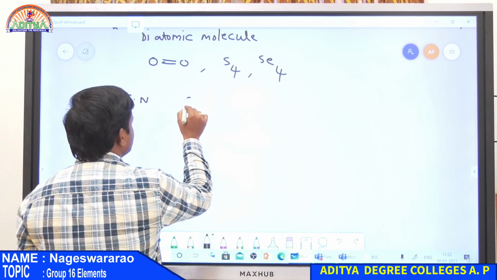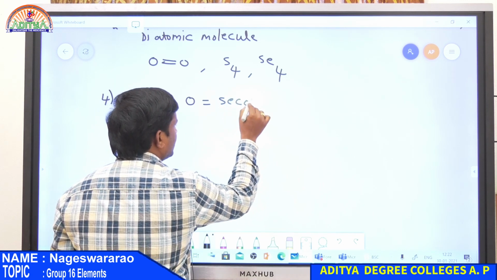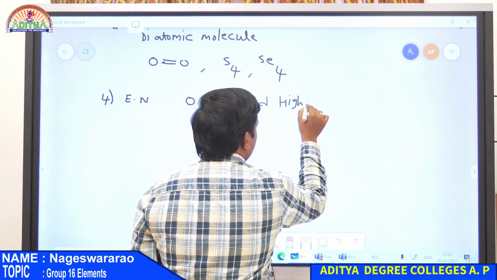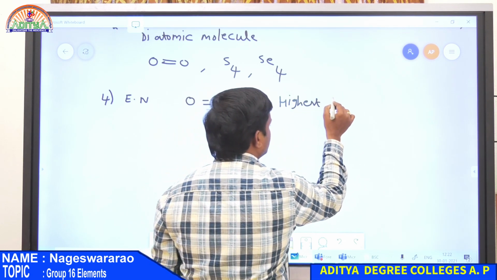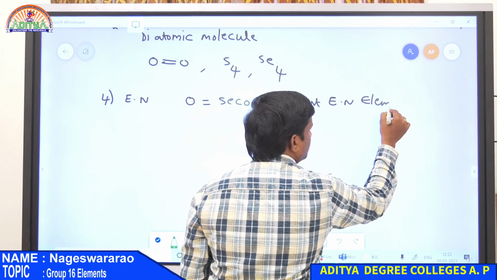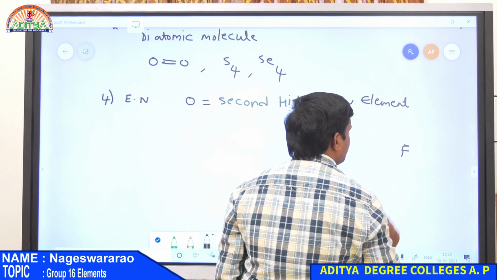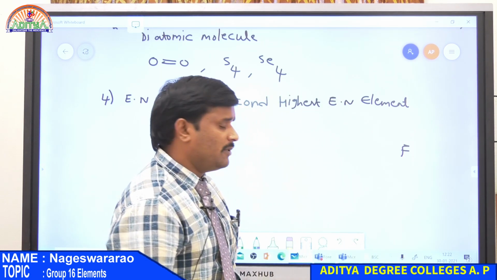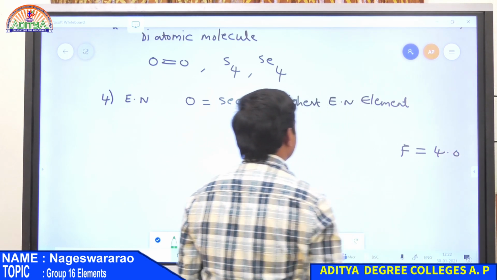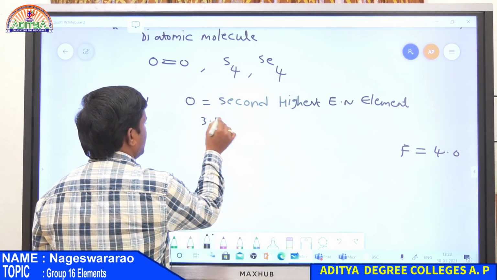So oxygen is the second highest electronegative element in entire periodic table. So what is the first element? First element is fluorine. Fluorine is the highest electronegative element, having 4.0 electronegativity.